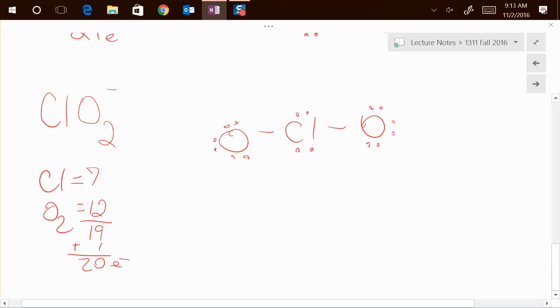So one thing that hopefully you might become familiar with is that if it's something bonded to 2 things, your structure will always start out with how many electrons? 20. If I make 2 bonds, I'm going to start out with 20.